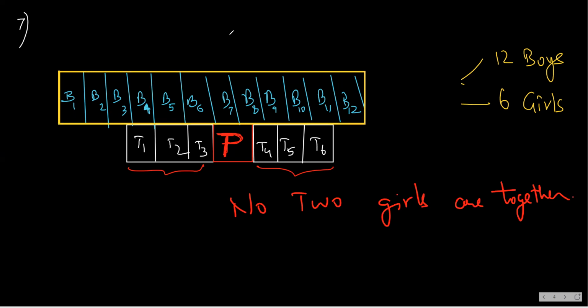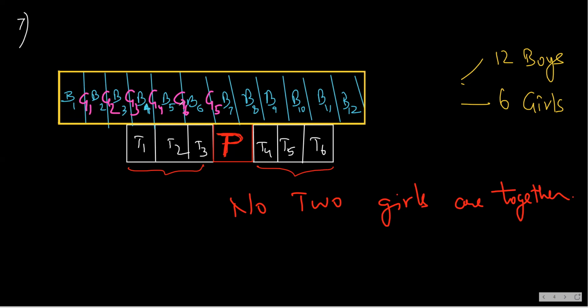It means suppose I ask girl 1 to be here between B1 and B2. This is G2, G3, G4, G5, G6. You understand? So now you can understand that between these six girls we have got at least one boy.